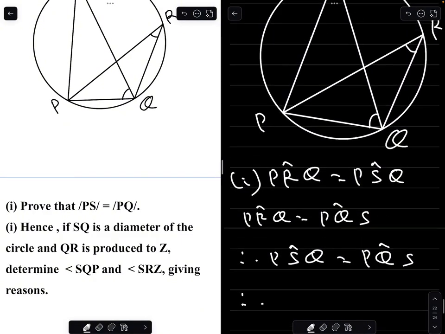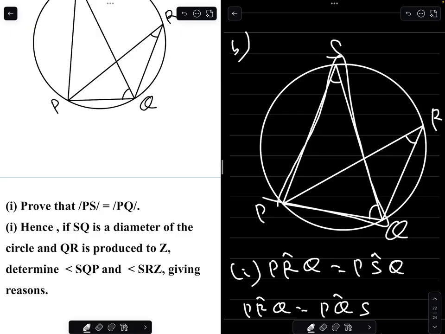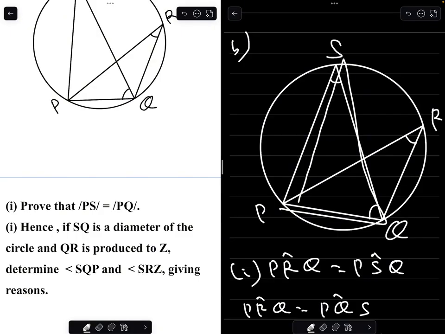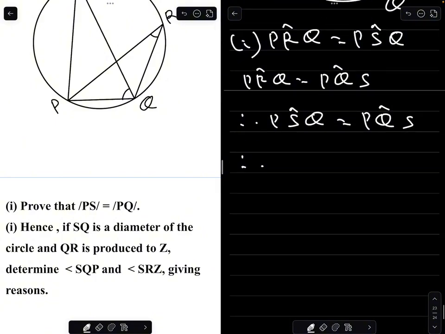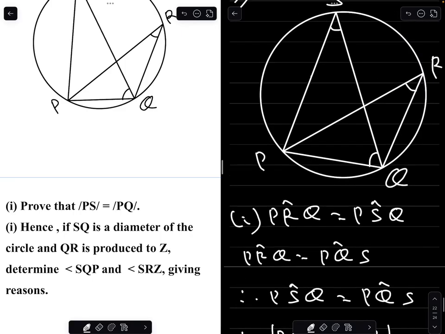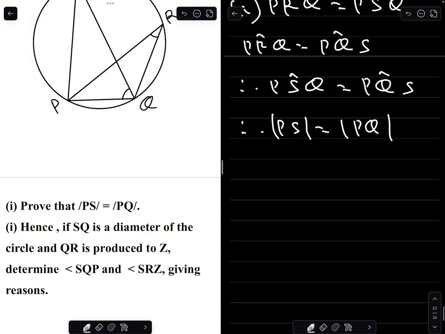And that therefore means triangle PQS is an isosceles triangle. If these base angles are equal, that means PS is equal to PQ. Therefore, PS equals PQ. And the reason for that is because it has two equal base angles.